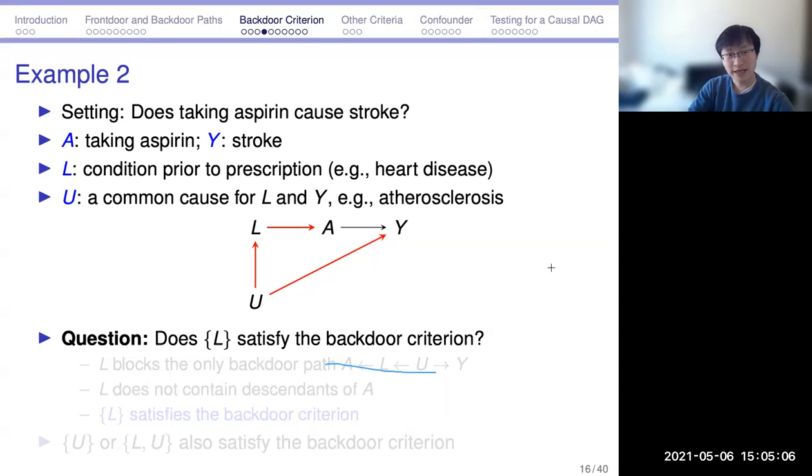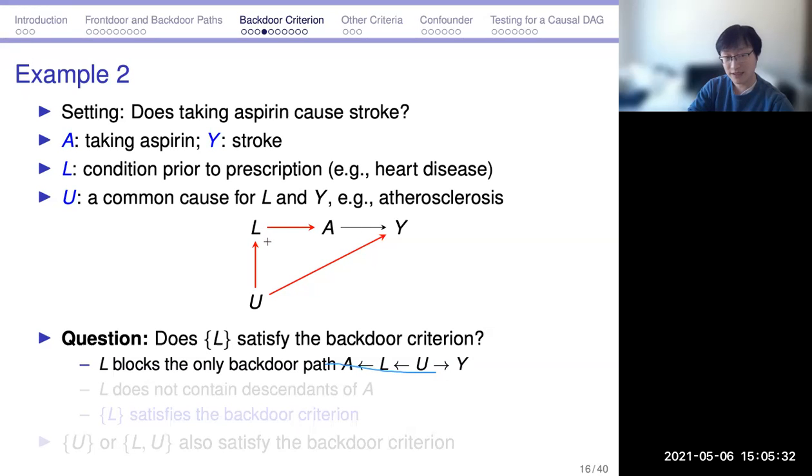So now we can also ask the question, does L satisfy the backdoor criterion? Again, to check the two parts of the criterion, the first part is, does it block every backdoor path? Here we have only one backdoor path, highlighted, and this is a chain structure, so L blocks the backdoor path.